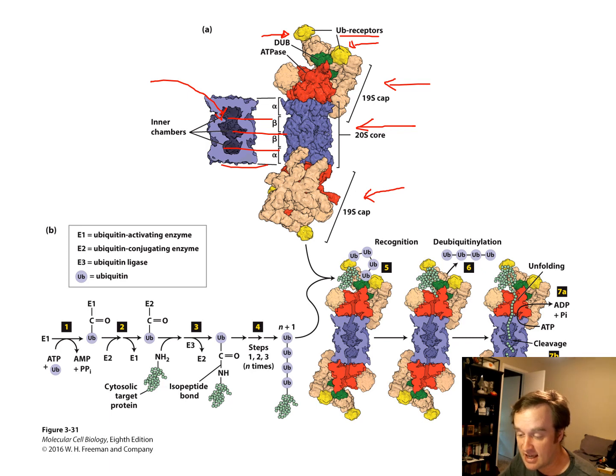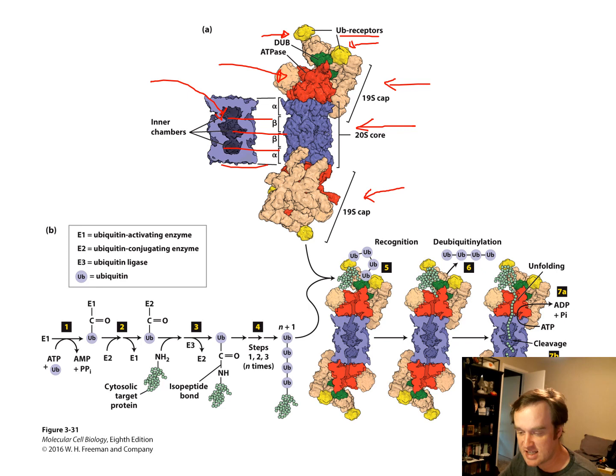There is a DUB, which is the deubiquitinating site, which removes the ubiquitin, and then also an ATPase site, which breaks down the ATP required for the folding or the hydrolysis of the protein.